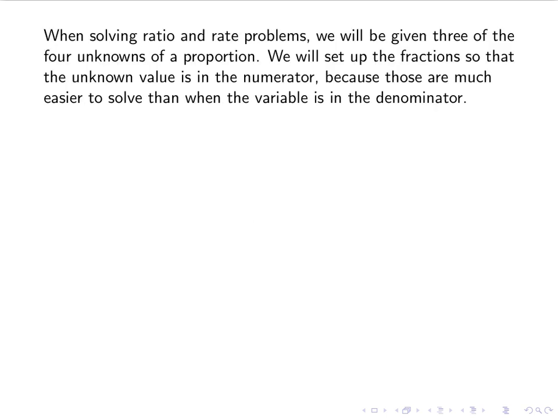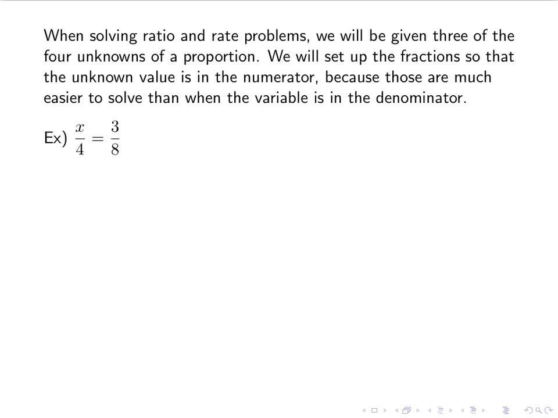So when solving ratio and rate problems, we'll be given three of the four unknowns of a proportion. Two fractions means two denominators, two numerators, so four numbers basically. We'll set up the fractions so that the unknown value is in the numerator because those are much easier to solve than when the variable is in the denominator.